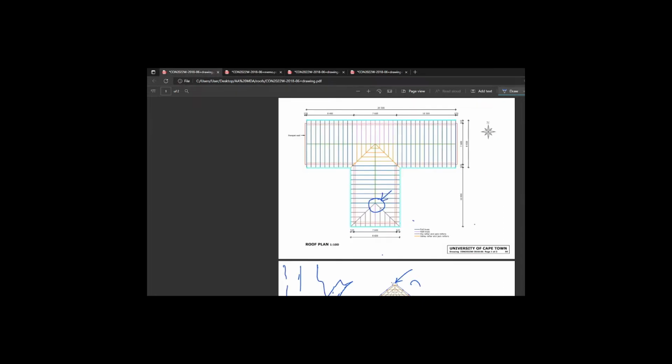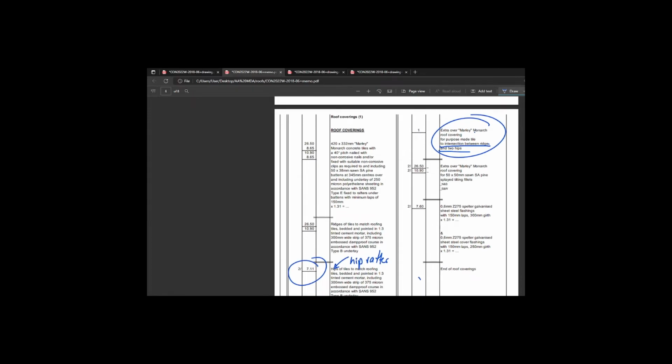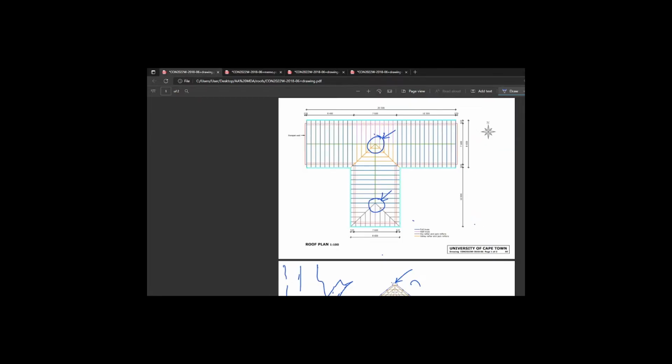So you might say that you should put one here. And let's just try and dissect why we don't put one there. And let's firstly make sure, is it on the description? No, there's only one. And it is ridge and hip intersection, which is that one. So what I would say is we look at the differences. This is a hip rafter and it's raised. And this is a valley rafter and it's depressed.